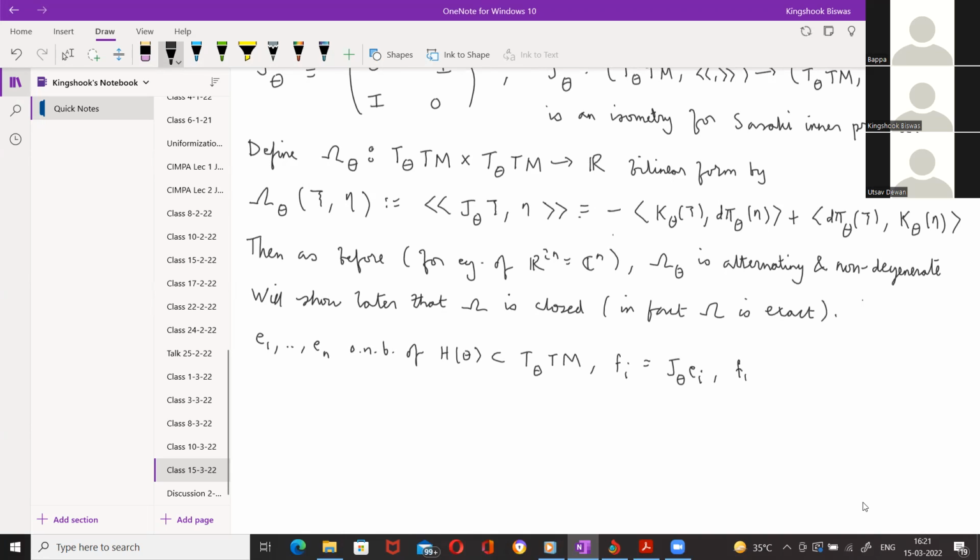So then F1 to Fn will be an orthonormal basis of the vertical subspace V theta, right? Yes. And together E1 to En, F1 to Fn will be an orthonormal basis of T theta TM.